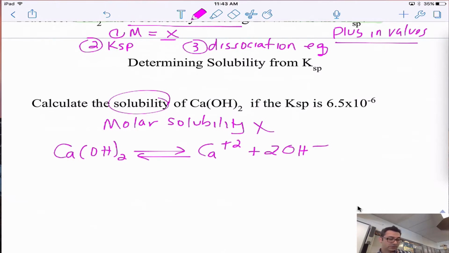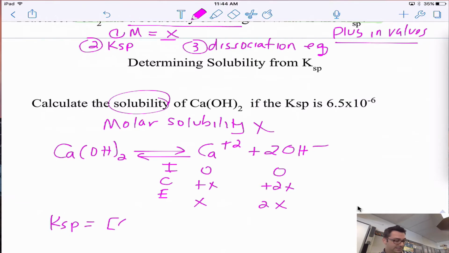Now, I'm starting with 0 of each. Here, I'll set up an ICE table, show you how that's done. And I have plus x and plus 2x, x and 2x. And so now when I go through and I try this one, I write out my Ksp is equal to Ca plus 2 times OH minus squared.